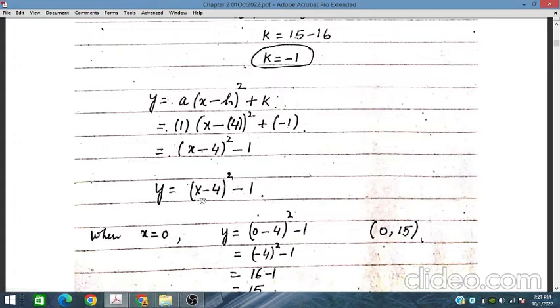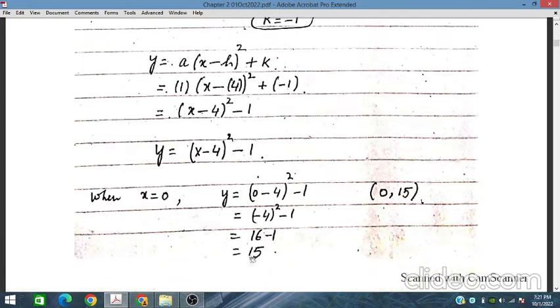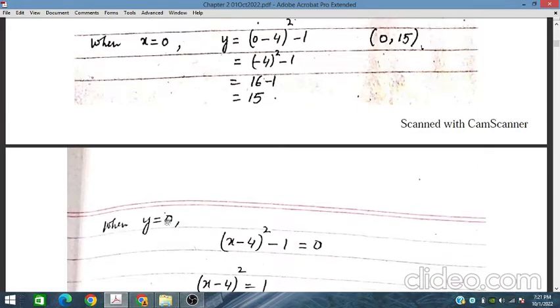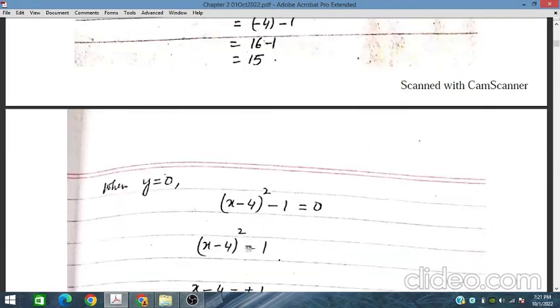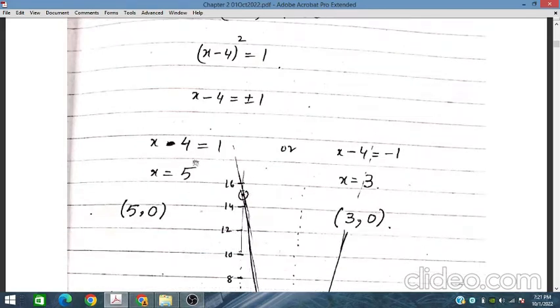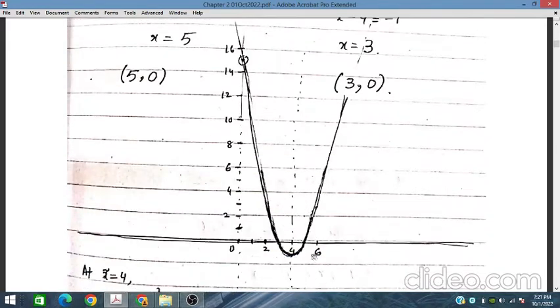So when x is equal to 0, y is equal to plus 15. So this is one of the coordinates we have obtained on the curve. When y is equal to 0, x is equal to this. So we have x is equal to 3 and 5 when y is equal to 0. So we have these two values here.